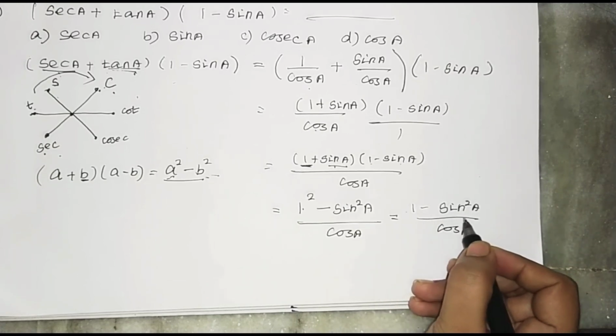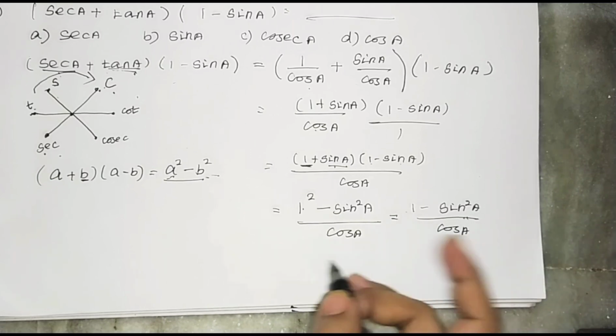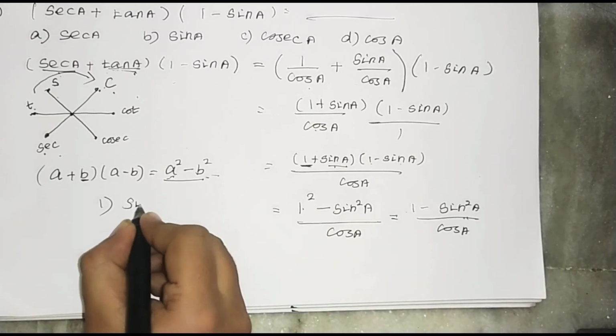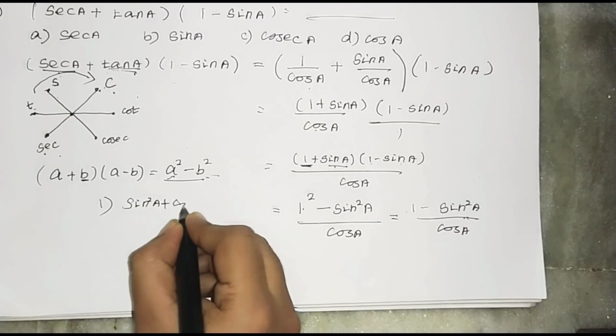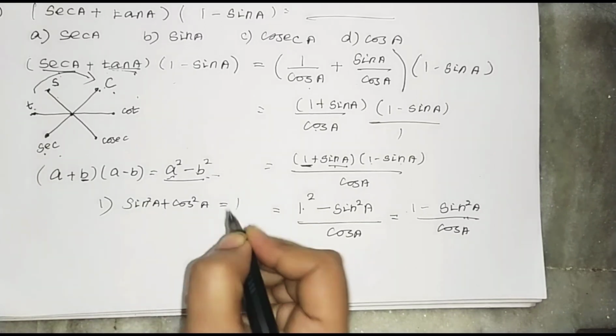1 minus sin squared A. Already you know very well the first trigonometric identity, sin squared A plus cos squared A equal to 1.